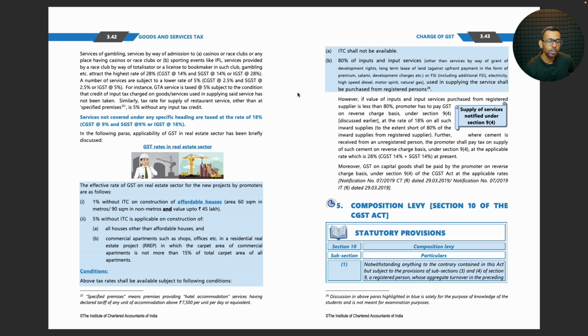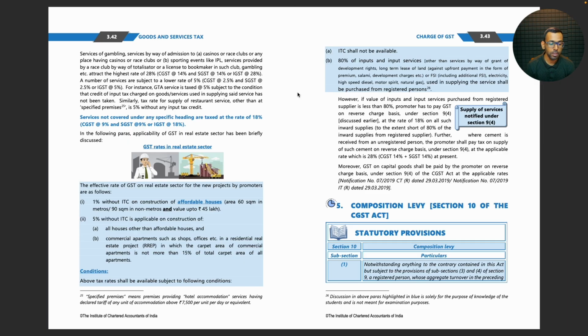The effective rate of GST on real estate sector for the new projects by promoters is as follows: 1% without ITC on construction of affordable houses, area 60 square meter in metros and 90 square meter in non-metros, and value up to 45 lakh. 5% without ITC is applicable on construction of all houses other than affordable houses, and commercial apartments such as shops, offices, etc. in a residential real estate project in which the carpet area of commercial apartments is not more than 15% of total carpet area of all apartments.